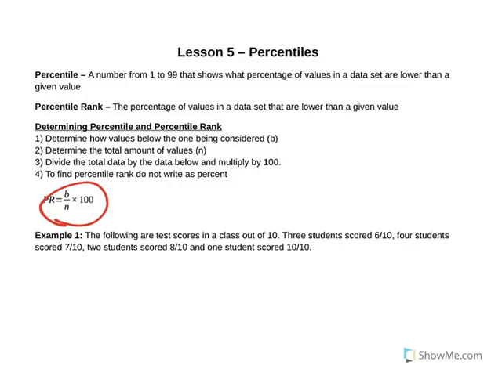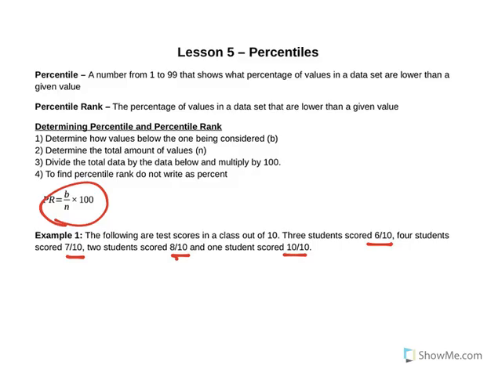The following are test scores in a class out of 10. There are 3 students who scored 6 out of 10, 4 students who scored 7 out of 10, 2 students who scored 8 out of 10, and 1 student who scored 10 out of 10.